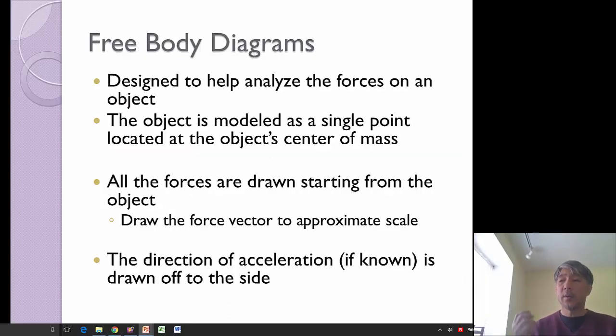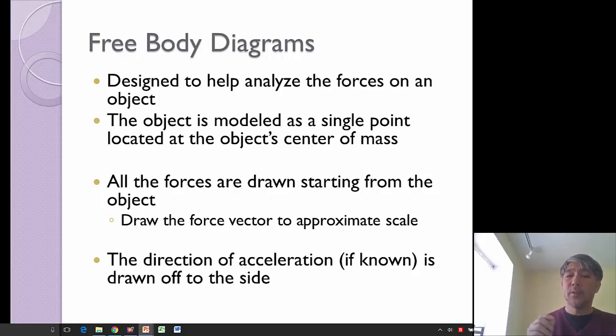Okay, free body diagrams are the primary tool that we will be using. They help us to analyze the multitude of forces on an object. What we do is we model the object as a single point located at the object's center of mass. Then we identify all the forces and draw them approximately to scale starting from that center of mass dot.